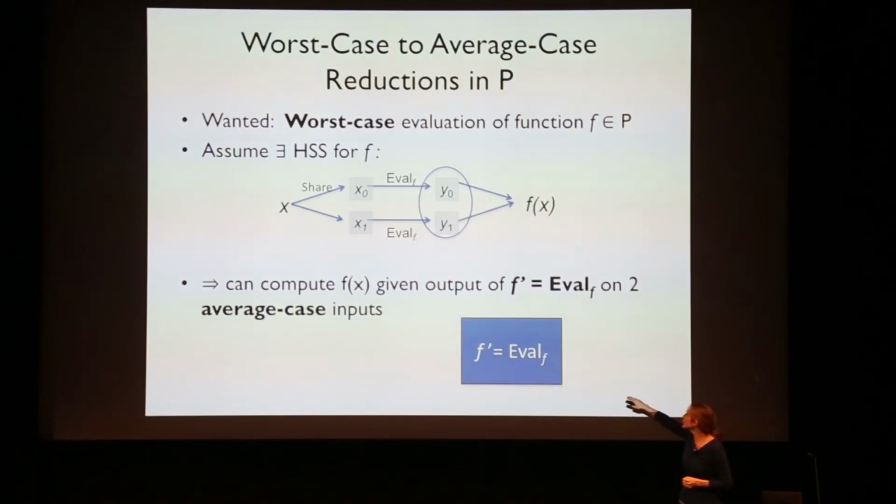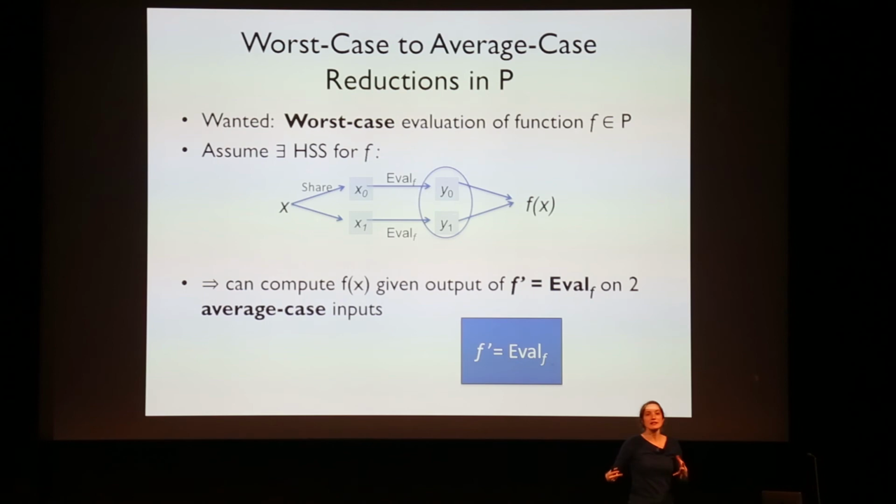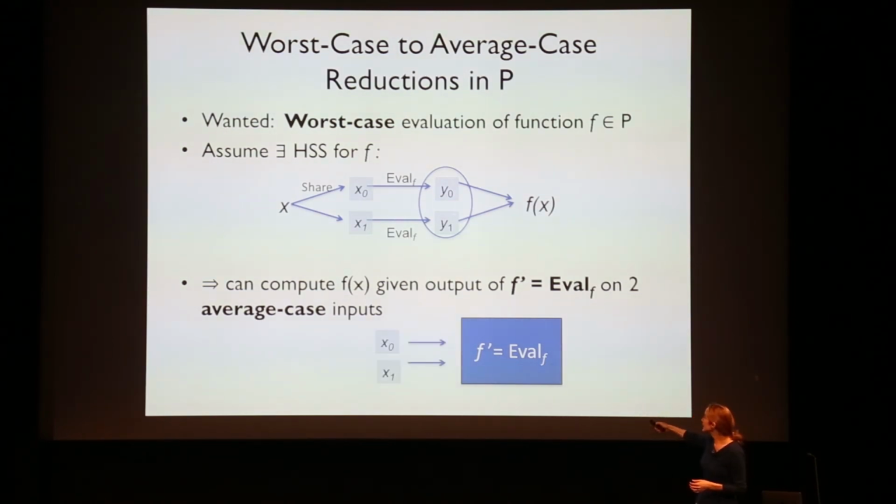If I zoom in on the eval function, eval sub f, and call this some function f prime, this means that if I can evaluate f prime on average, then I can take my worst case x and split it into these two average case inputs, and this allows me to reconstruct f on x.